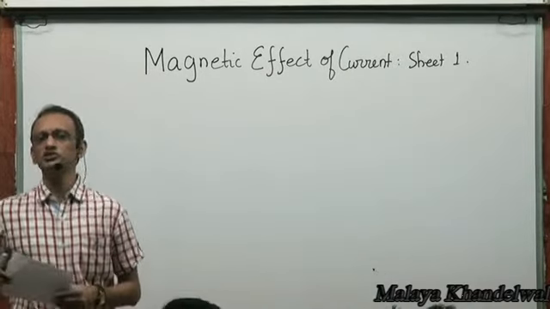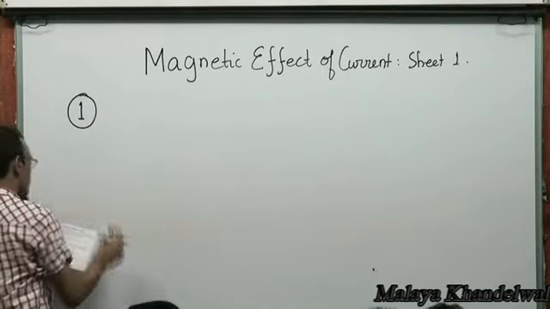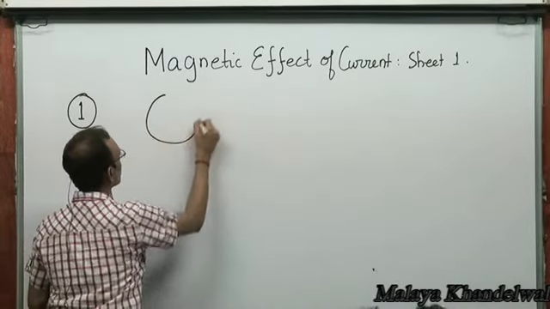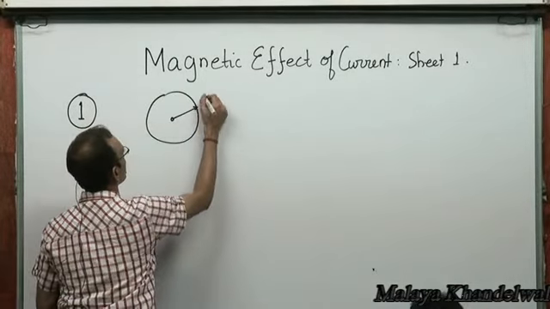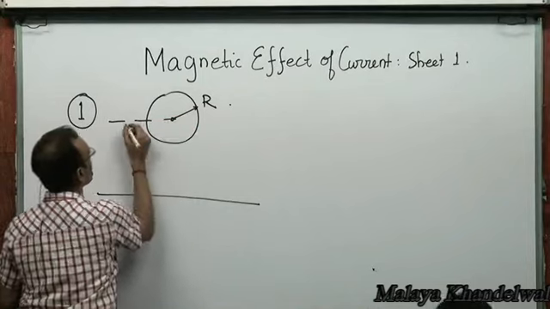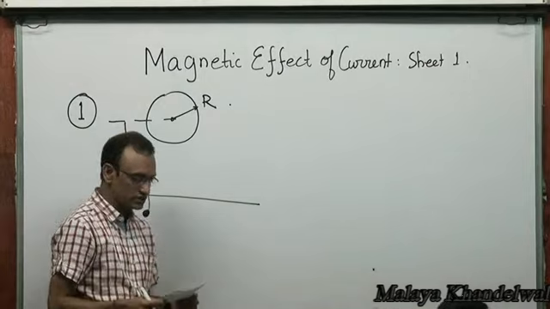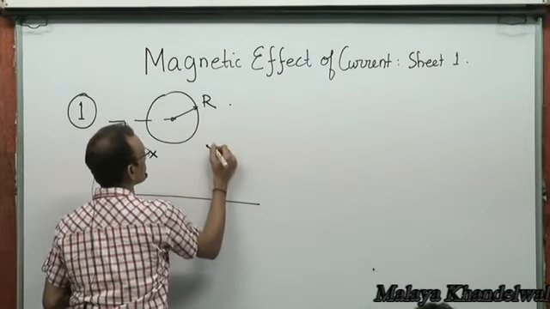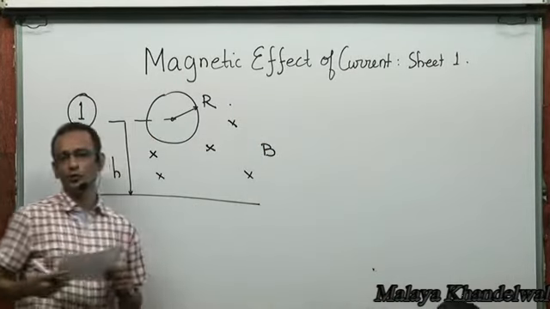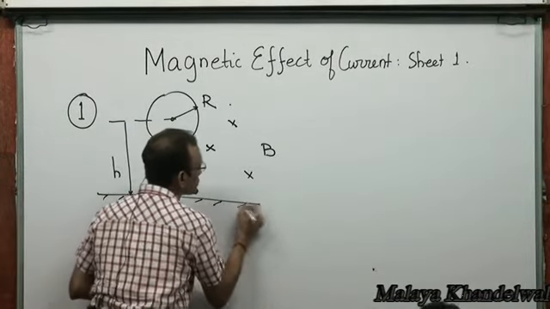So the first problem is about a sphere of radius r falling vertically under gravity from a height h, starting from rest, in a region of uniform B going into the plane of the board, and it falls on a very large conducting plane.